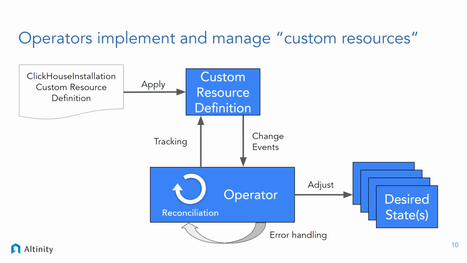It will then look at the other resources that are defined in Kubernetes, and if they are absent, it will make new resource definitions. If they are there but not in the right state, it will make changes to adjust them. And this process is often called reconciliation, where we look at what is the desired state and what's the actual state, and then make changes so that it will happen.